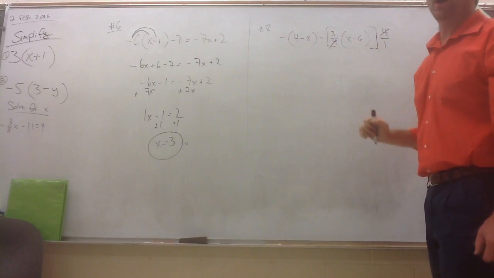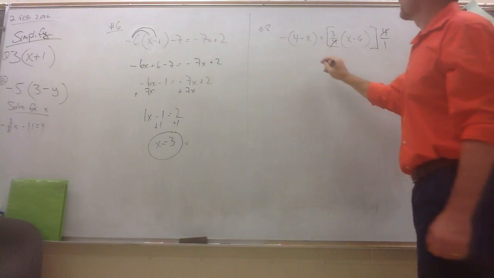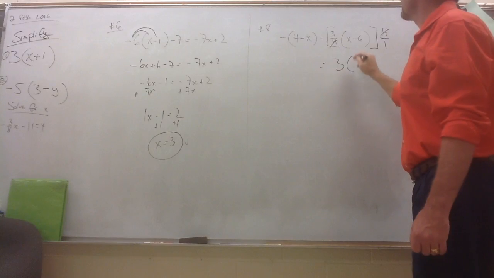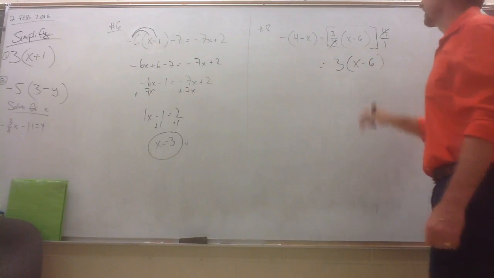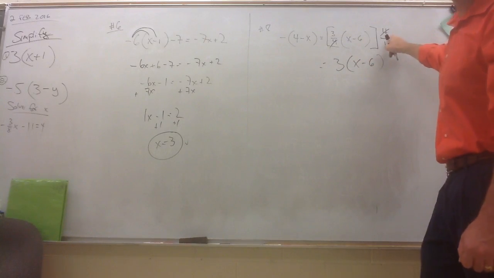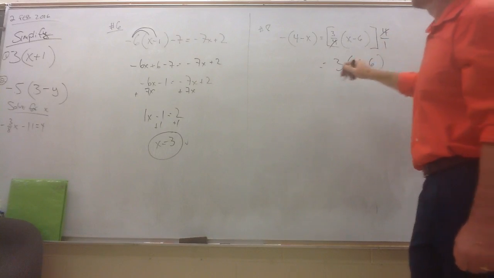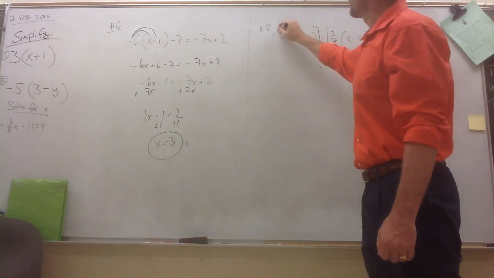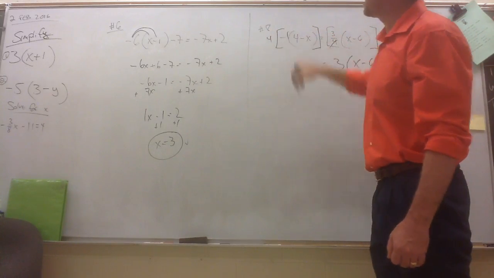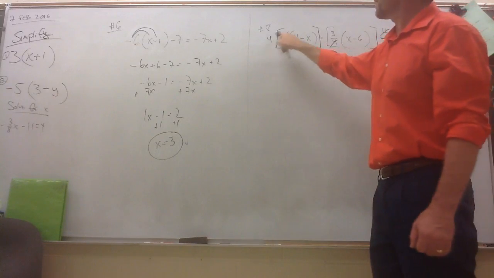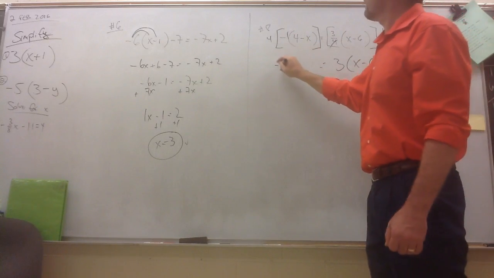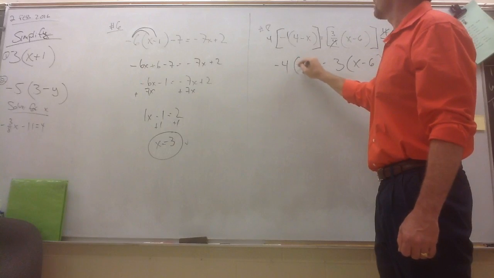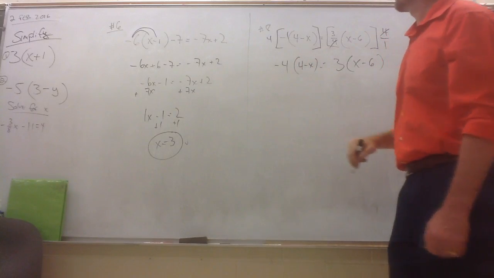I've just multiplied all of this by 4. So now I have 3 times the quantity x minus 6. But because I multiplied this side of the equation by 4, I need to do the same thing over here and multiply. Remember, that was a negative 1. So let's multiply that by the 4. And now I have negative 4 times the quantity 4 minus x.